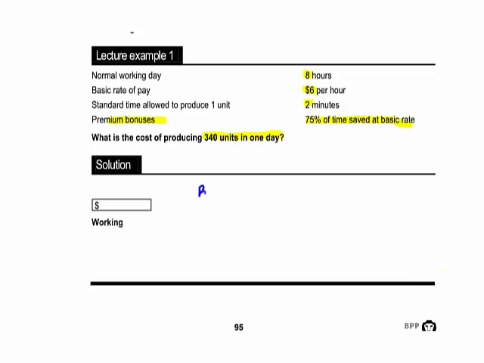So first of all, this employee is going to get their basic pay, and their basic pay will be 8 hours at $6 per hour. We also need to think about an element of bonus that they might get.